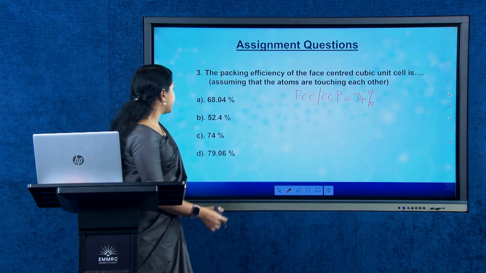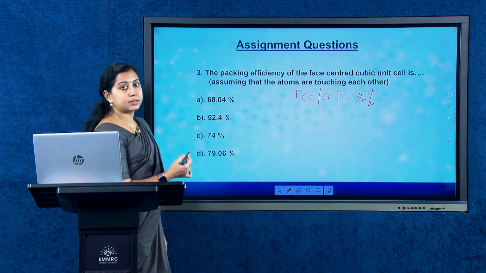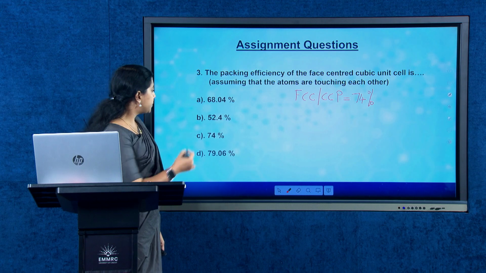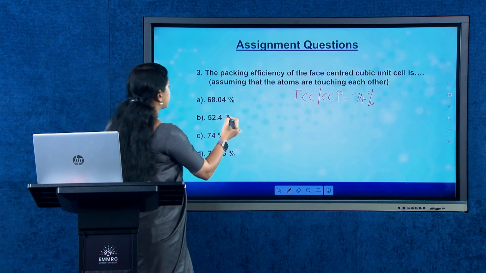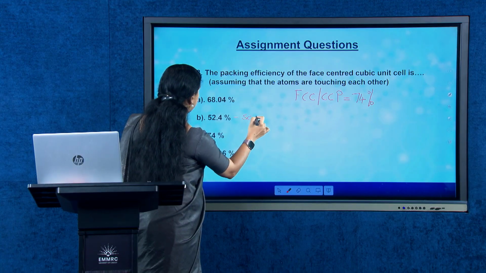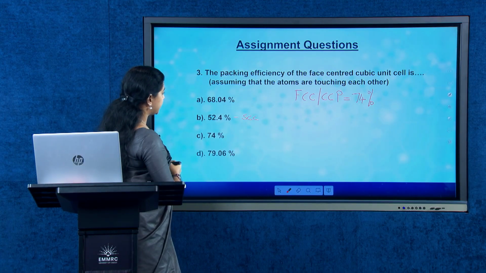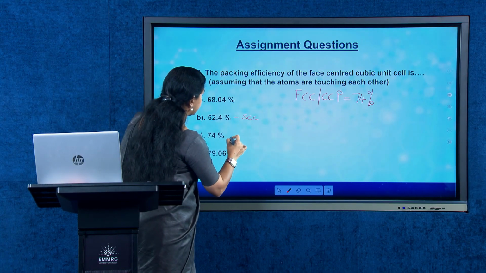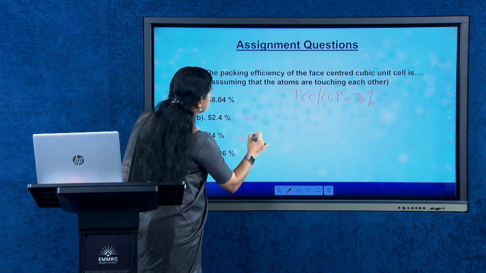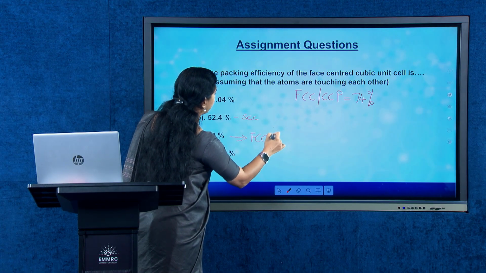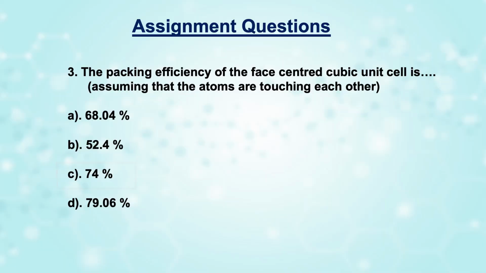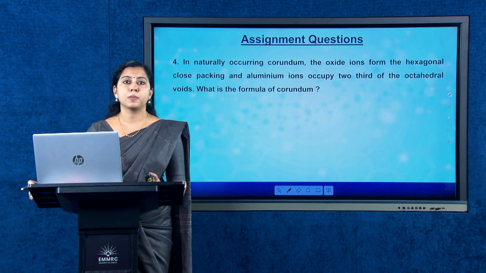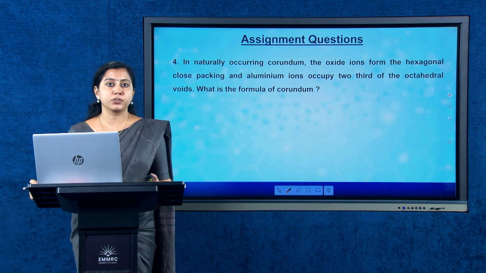So, among these options, we have option A 68.04%, option B is 52.4%. So, option B corresponds to simple cubic. Now, we have option C. Option C is 74%. So, 74% corresponds to a face-centered cubic or a cubic close packing structure. So, the correct option is option C, that is 74%. Now, we will move on to the fourth question.